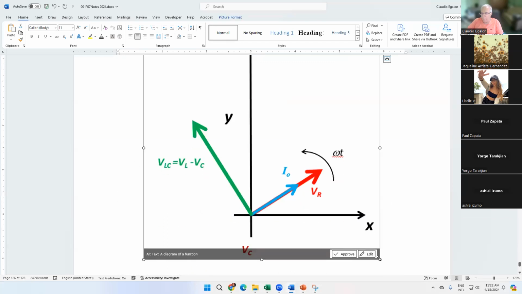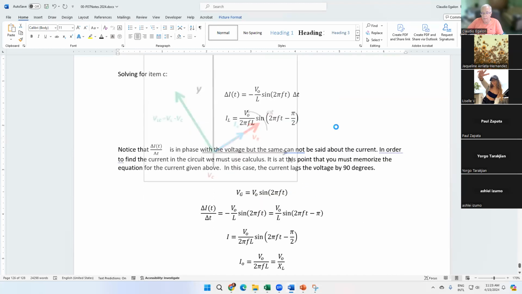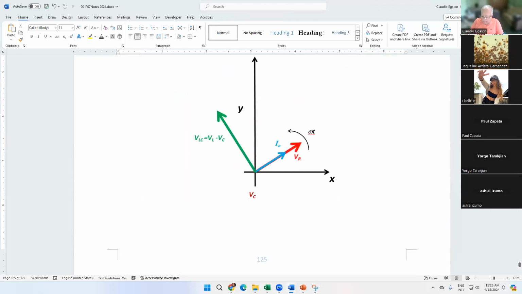We go. Summing the voltage, summing vectorially, right? Summing vectorially the voltage phasors of the inductor and capacitor, right?